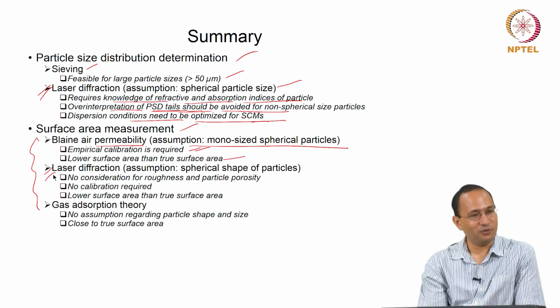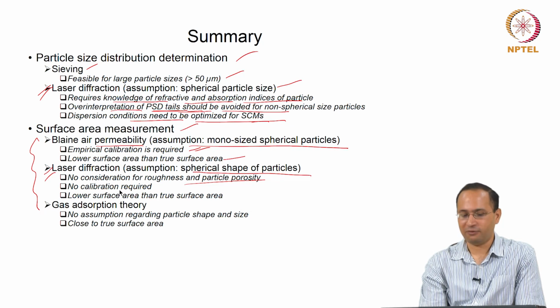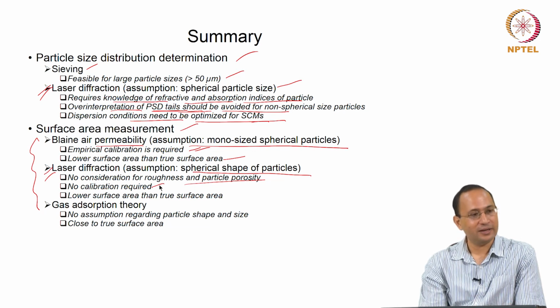Next one is laser diffraction, again the assumption is spherical shape of particles, right. Here again there is no consideration for roughness and particle porosity. No calibration is required in this case, unlike what you need for plane air permeability.